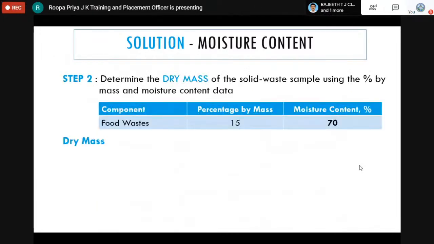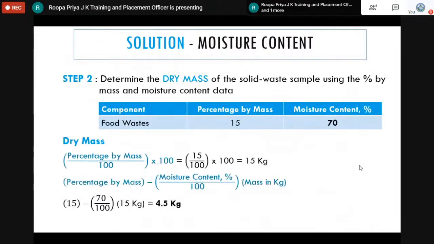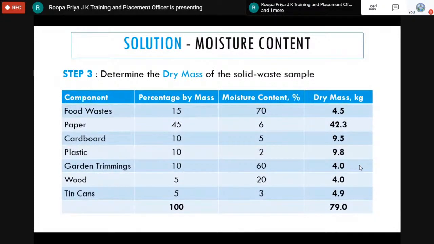All that you have to do is calculate the dry mass, compute the last column, which is the dry mass in kg, using both the percentage by mass value and the moisture content in percentage value. Sum up all the percentage by mass value. According to this problem, there is a total of 100 percentage by mass value for this particular problem with these many components.